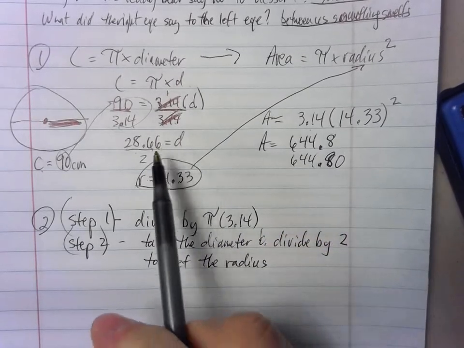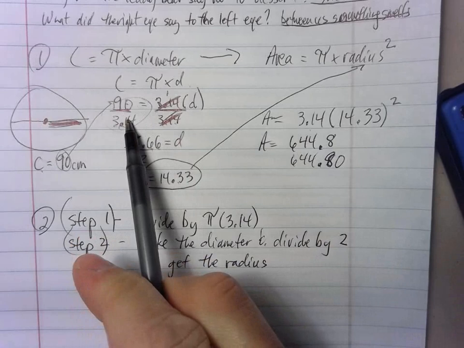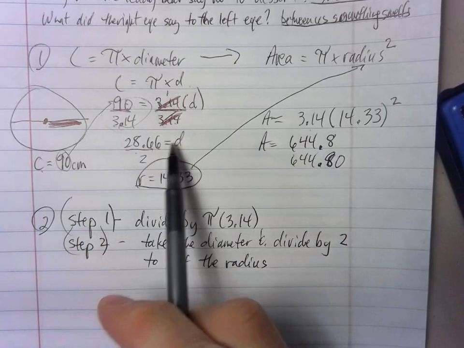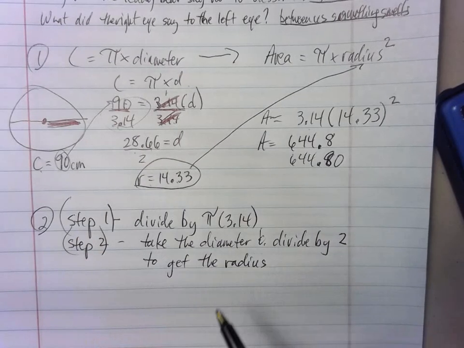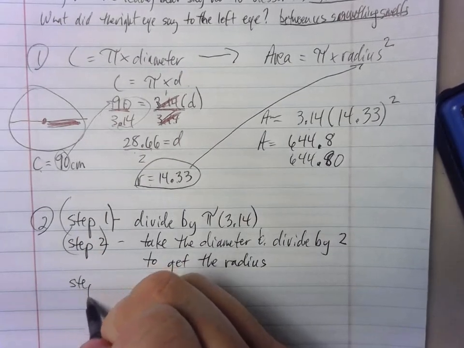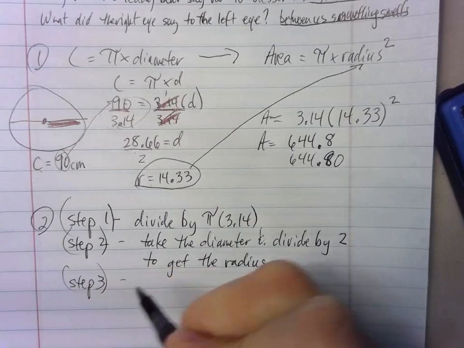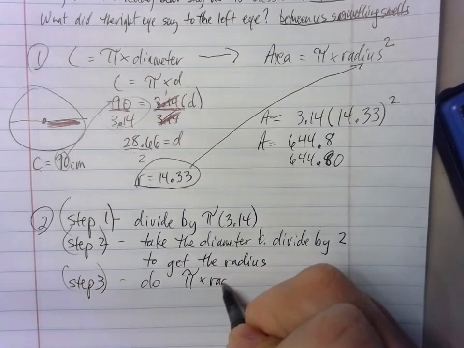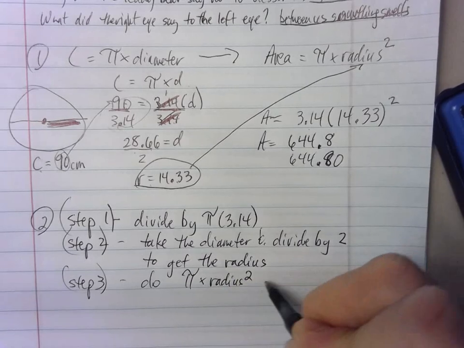Alright, so you can see right there, once we took 90 and divided it by pi, that gave us 28.66, which was the diameter. We divided it by 2 to get to the radius, okay, and then of course the third step, easy part, do pi times radius squared to get the area.